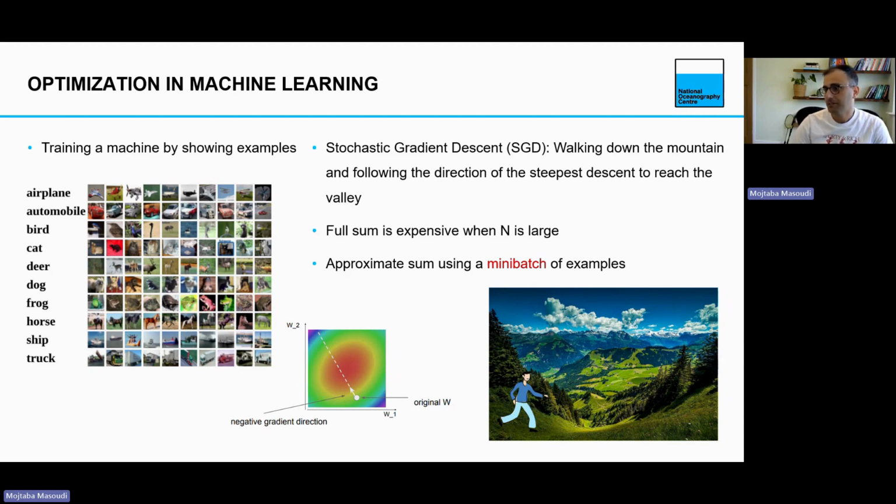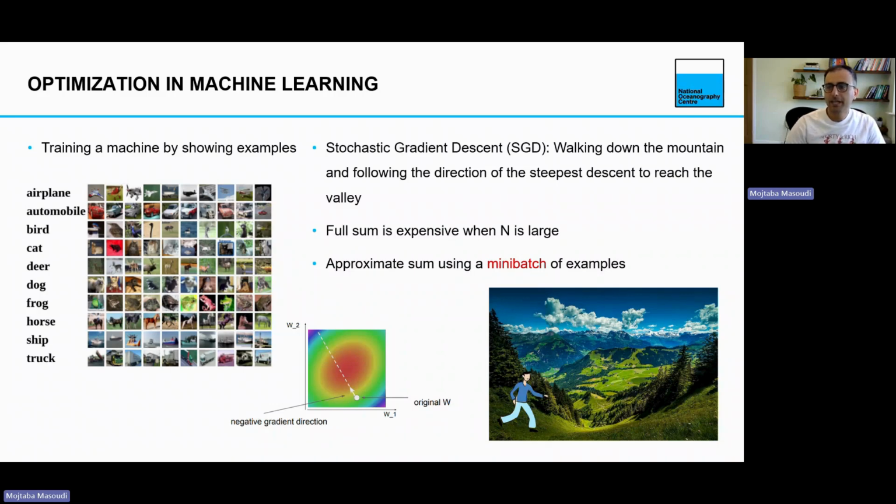If the answer is wrong, it tweaks the parameters of the machine, and how it decides to change the parameters is based on gradient descent. So it decides which direction it needs to go. It needs to reduce the error.